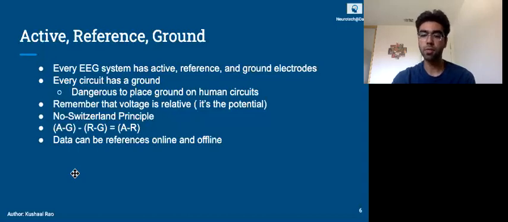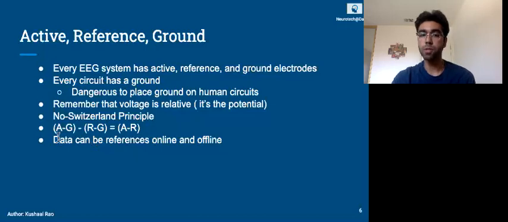If you want to measure the voltage at an active electrode, you have to do active minus ground. And if you want to measure the voltage at a reference electrode, you have to measure the reference minus ground. But you also want to end up subtracting the active from the reference in order to actually isolate the component that you're looking at.